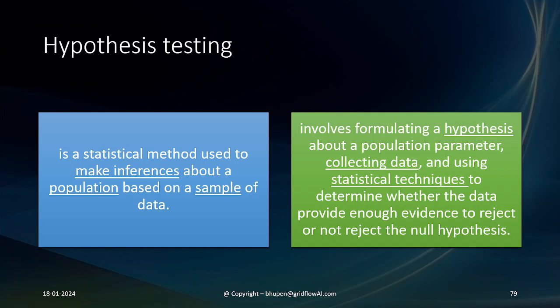The example would be, let's say you have a column with 100,000 rows. We pick a few samples out of it, let's say 50 or 100, and using that we can establish a notion about the larger population, let's say the complete data set or complete domain. That's the idea of hypothesis testing.